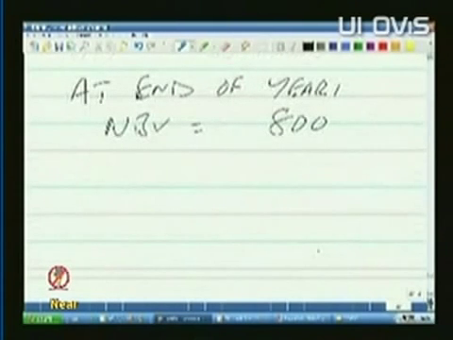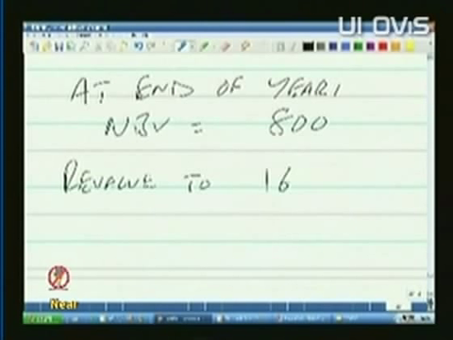Right, I now revalue to, let's say, 1,600. So I've had it valued professionally, and the person has valued it at 1,600.